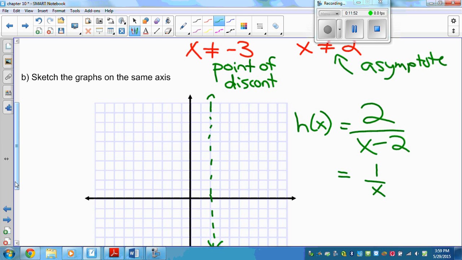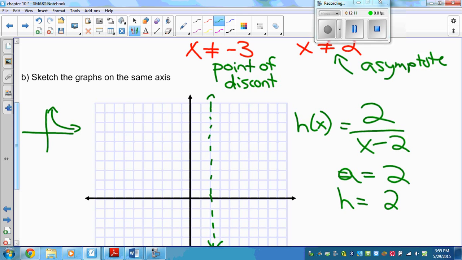Well, this is just like 1 over x, but we've changed the a value. Our a value is 2, which means we've stretched it. And I also have an h value of 2, which means we have gone over 2 to the right. So remember 1 over x looks something like this. That was that base graph. So we've taken this graph, stretched it by 2 and moved it to the right 2.